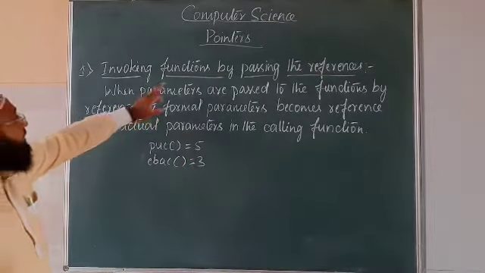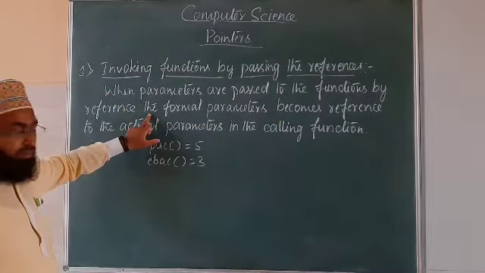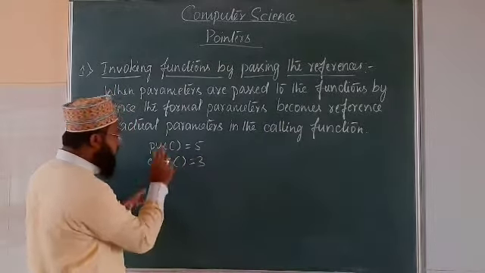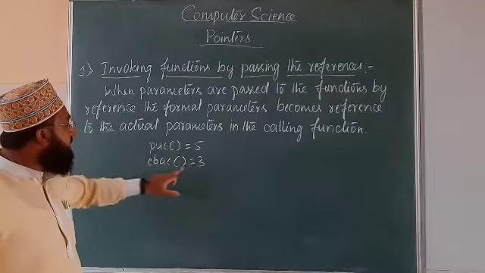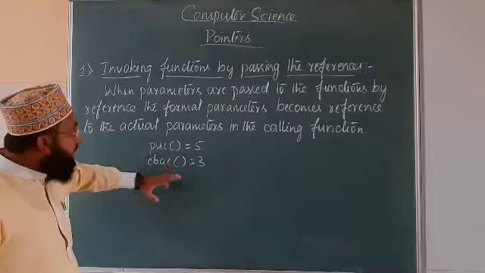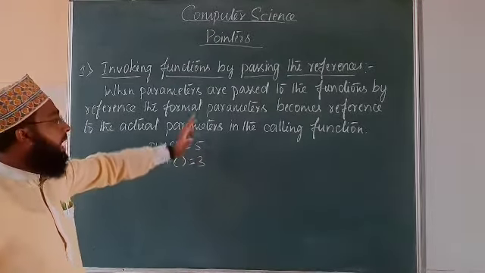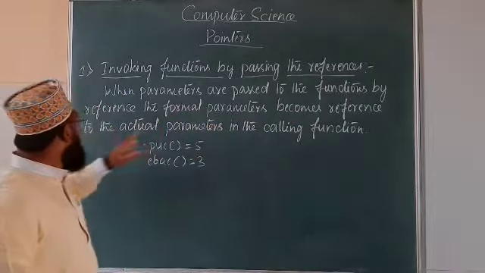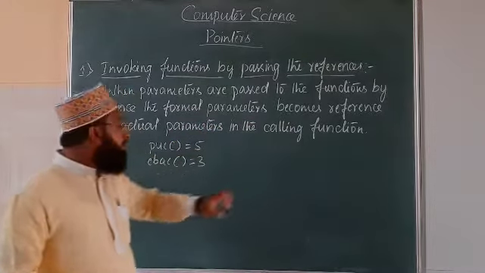Then when parameters are passed to the functions by reference, that is, 5 is given as a parameter to PUC and 3 is given as a parameter to the function EBAC, at that time what will happen? The formal parameters become a reference to the actual parameters in the calling function.